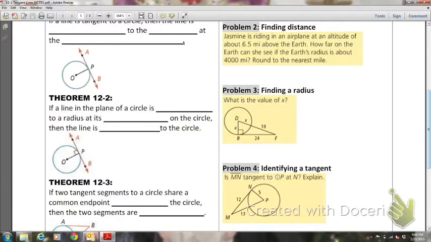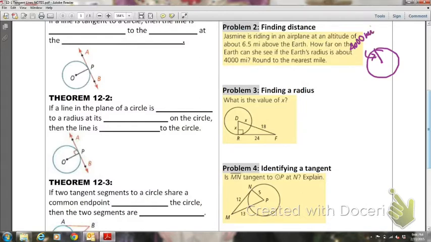So just draw a circle to represent the Earth, and in the center of the Earth, draw a radius. So this radius is 4,000 miles.